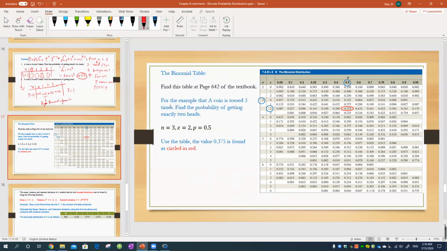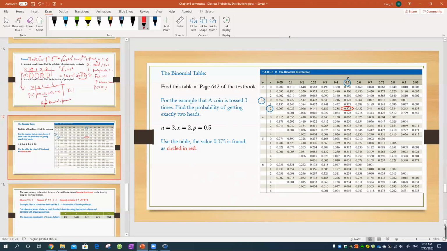So for example, a coin is tossed 3 times. We want to find the probability of getting exactly 2 heads. How to use the table. So we know the fixed number of trials, n equals 3, and then exactly 2, that means x equals 2, and then the probability of landing on head, because this is a fair coin, we know it's 0.5. So based on these 3 numbers, we can look at the table.